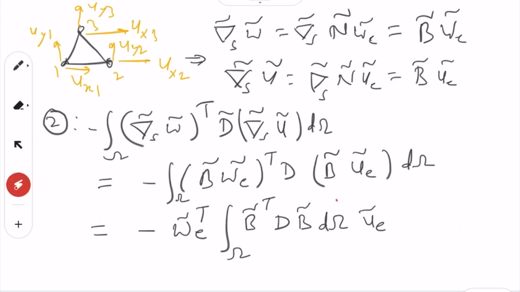Okay. So what do you see? You see like this. Okay. So basically what is this one? This is what we call the stiffness matrix.